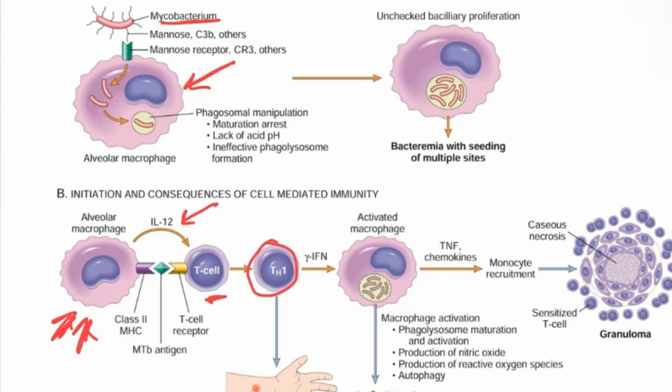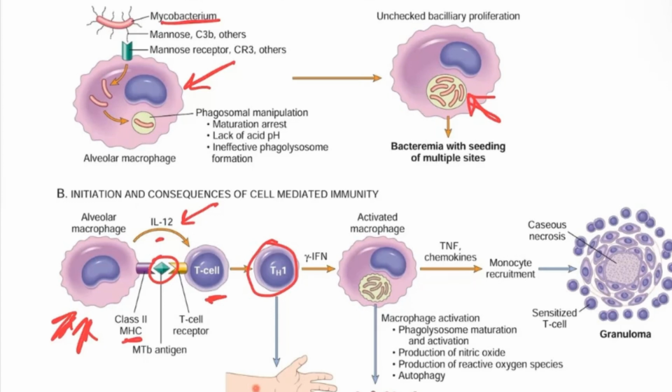All right. This interaction is extremely important, very high yield for your Step 1. So it's doing the work of an APC. Besides trying to kill the pathogen here, when it's overwhelmed by that process, it takes it to the lymph node to meet CD4 for help, so that CD4 will help it to get rid of that pathogen. So once it presents the antigen via the MHC2 receptor on its surface, it also produces interleukin 12 to stimulate the naive T cell.